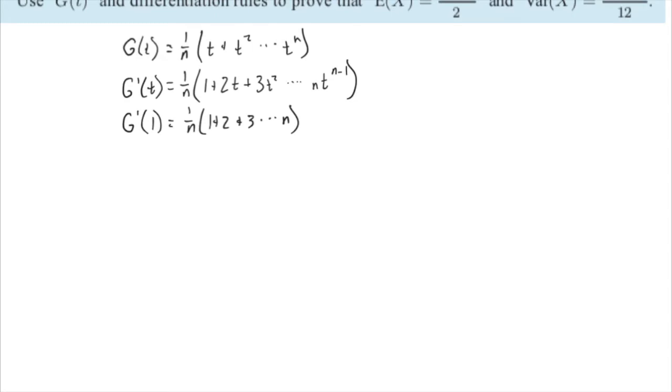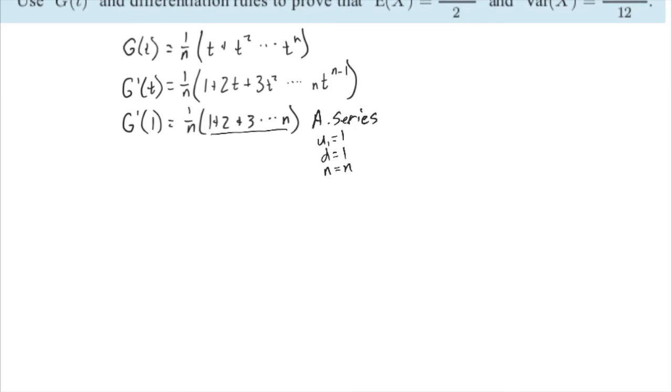And this is an arithmetic series, because I'm adding them together. So I can do the addition of that, because I have a first term of 1, a common difference of 1, and the number of terms is n.